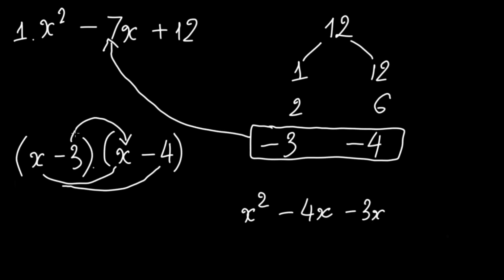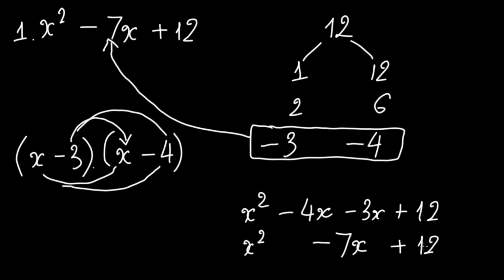And then negative 3 times negative 4, you get positive 12, because negative times negative gives positive. See, right now we have x squared, negative 4x minus 3x, you get minus 7x plus 12. This is exactly the same as the original expression. And therefore, this is the final answer for this question.